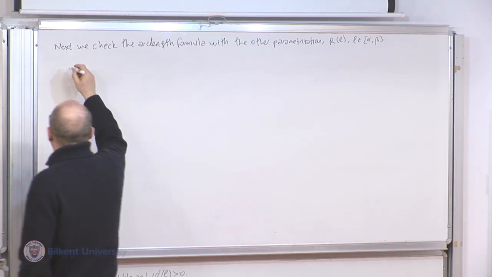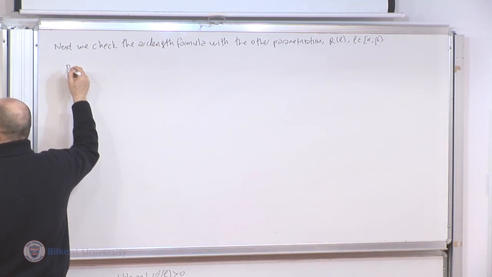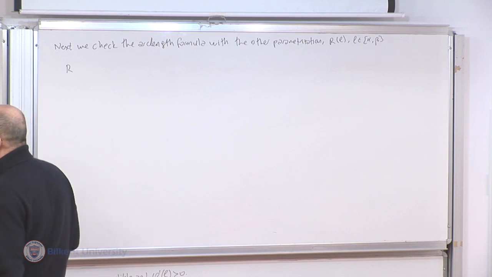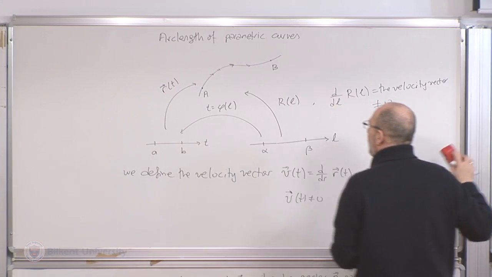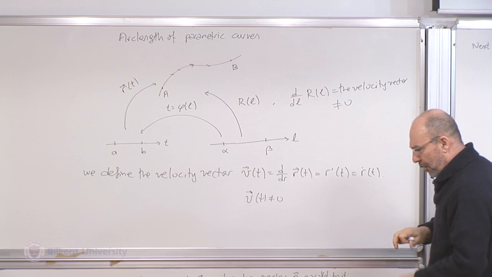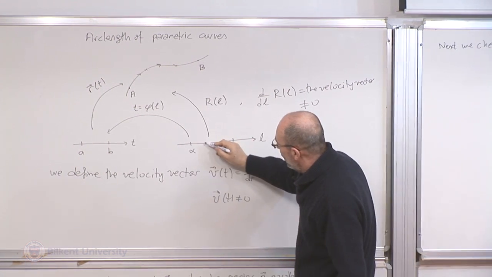Okay, so note that instead of R of T, I can write R of L. So which one did I write here? T. Okay, start with a point here.